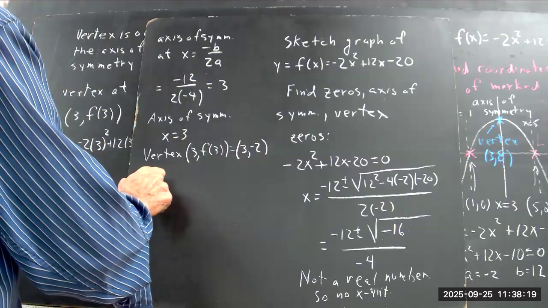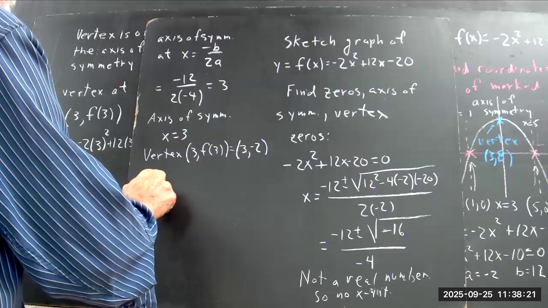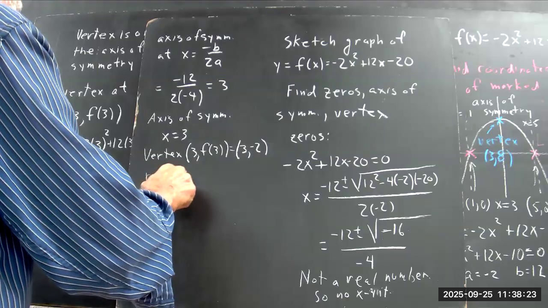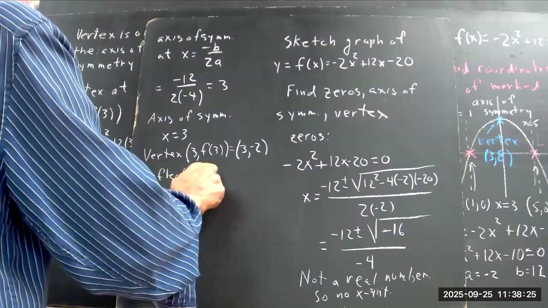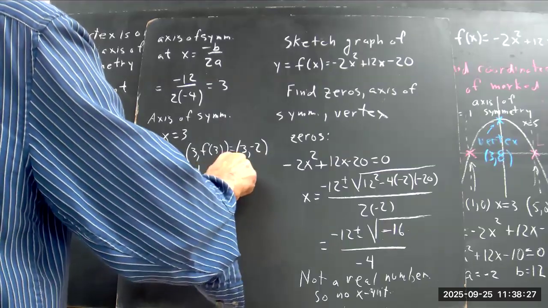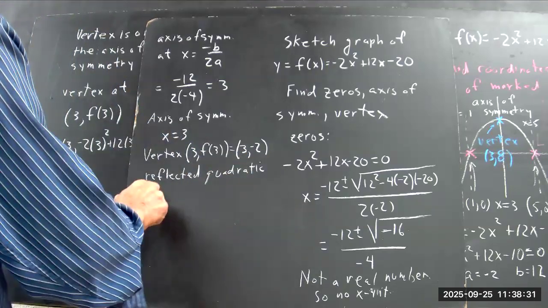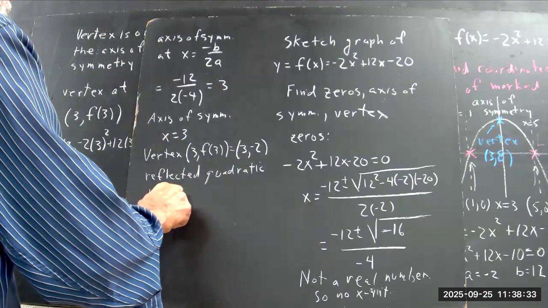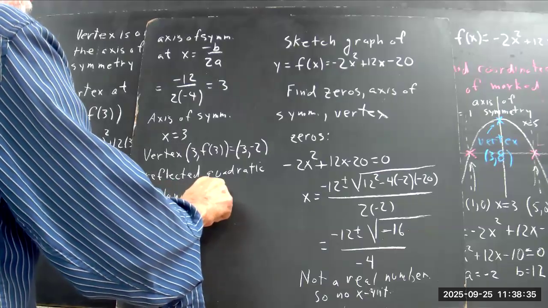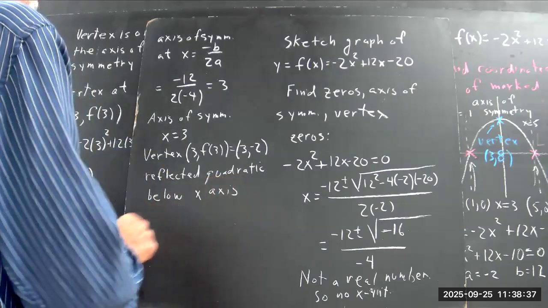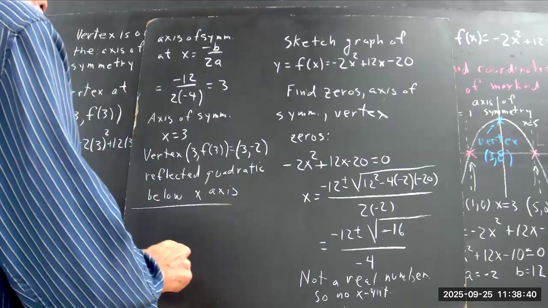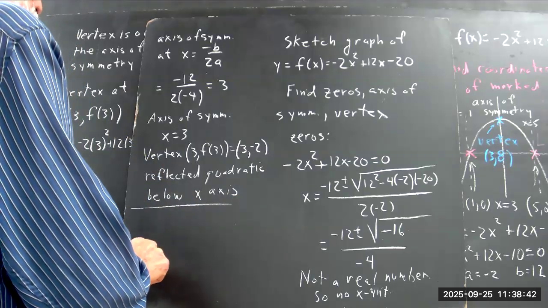Okay, so we have a reflected quadratic below the x-axis. We can start to draw a graph of this thing now.